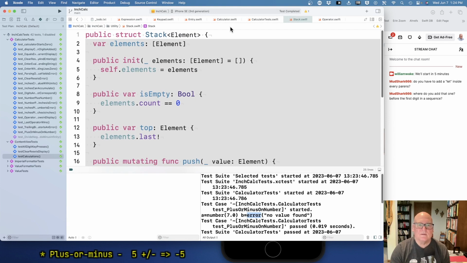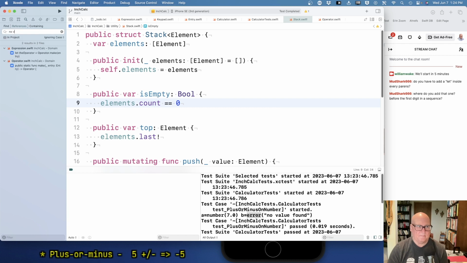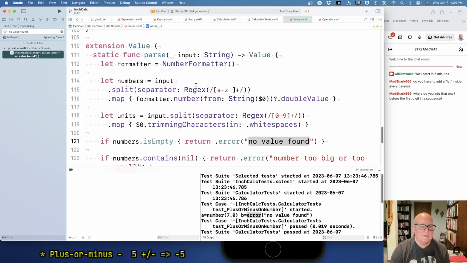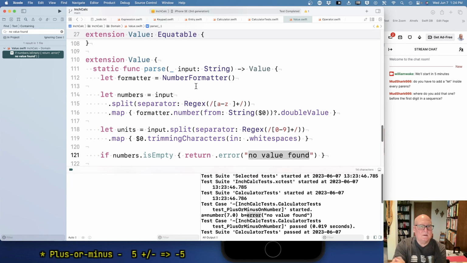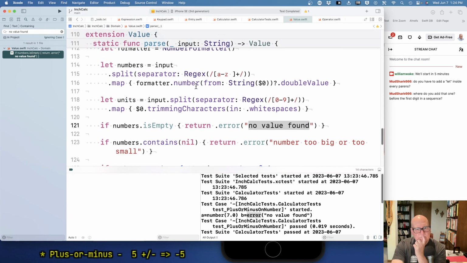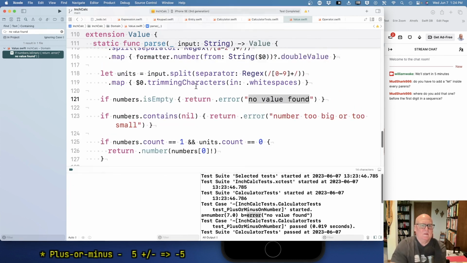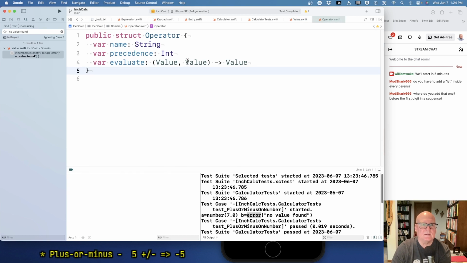I don't know, where's that no value found coming from? What text? If numbers is empty. Parse. Okay. So it's acting weird. Let's.